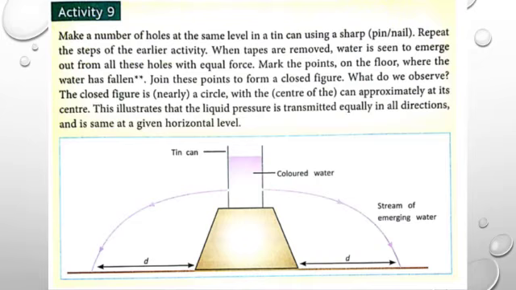Next, we mark the points on the floor where the water has fallen. Now we join all the points to form a closed figure like a circle. This shows that liquid pressure is transmitted equally in all directions and is the same at a given horizontal level.